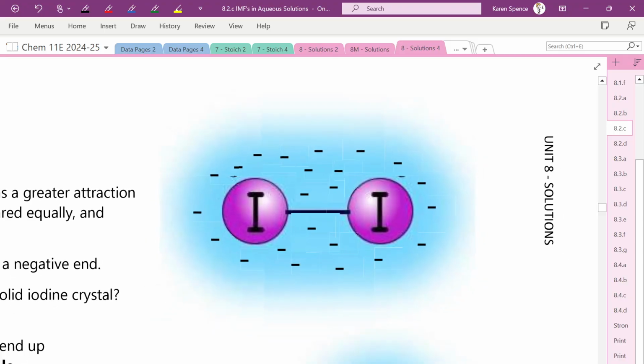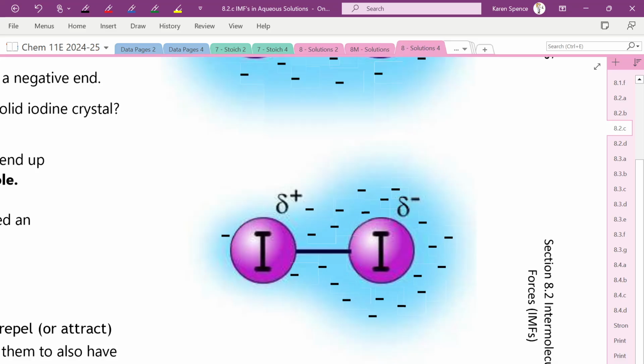And every once in a while, because these electrons are just moving randomly, they could end up mostly on one side. By random chance, by random motion, all the electrons end up on one side.